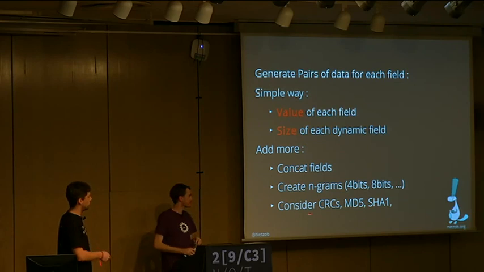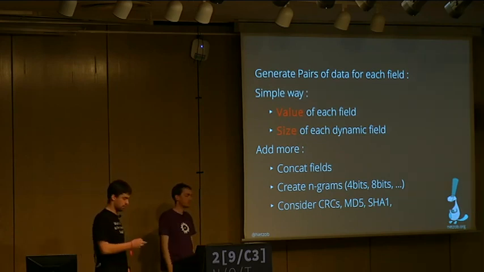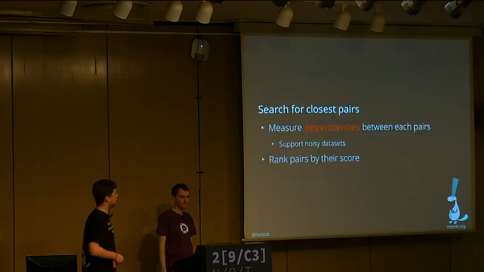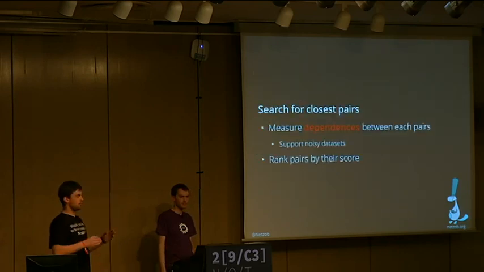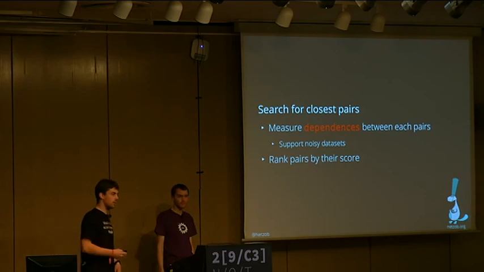We also consider the CRC value of a field or the MD5 value of a field, and so on. When we have computed all these values, we look for relations between them using the MINE algorithm. So we measure the dependencies between each pair and we rank pairs by score.